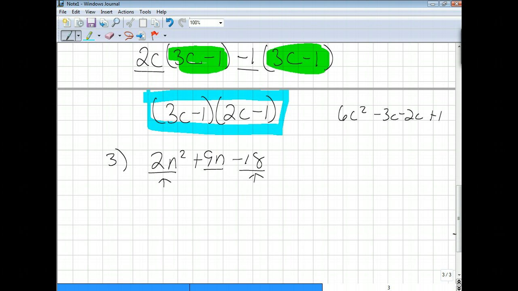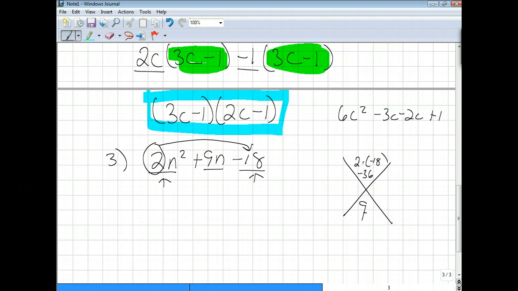There are 3 terms, and so that means we're going to go to our x, and because there's a leading coefficient, we're going to multiply that times the n number. So 2 times negative 18 gives us negative 36, and then we have 9.